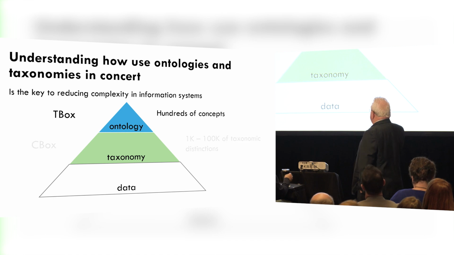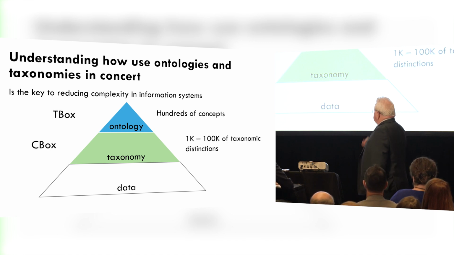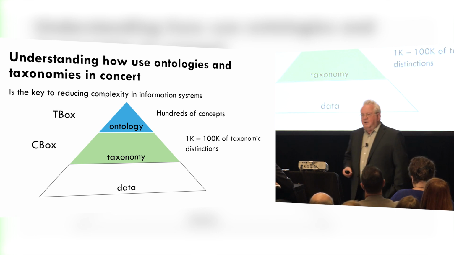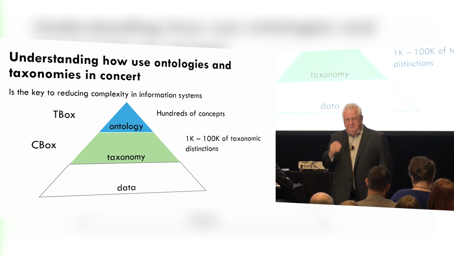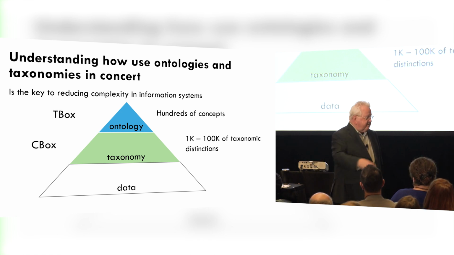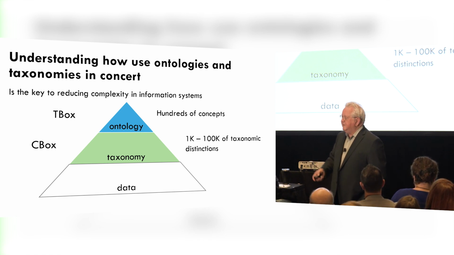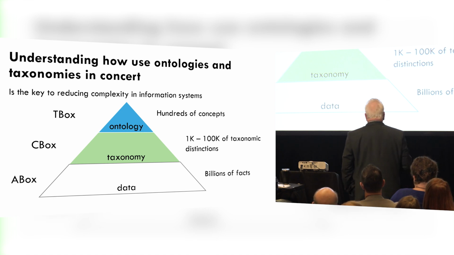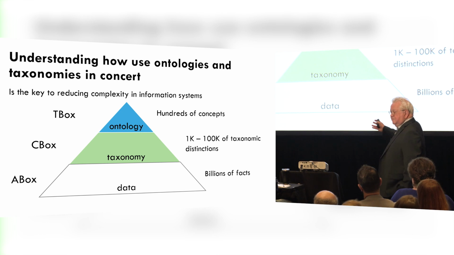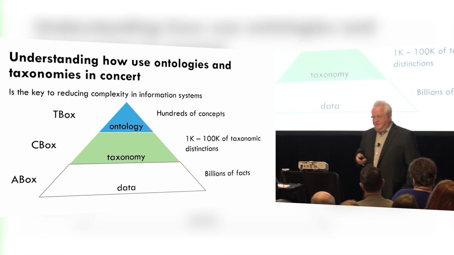It's surprising how few you need. Then you'll need, this is a term we made up, thousands to hundreds of thousands of specific taxonomic distinctions. There'll be groups of people that govern these and figure out what they all mean. And then, depending on the size of your enterprise, you may well have billions of individual facts that are organized around these things.